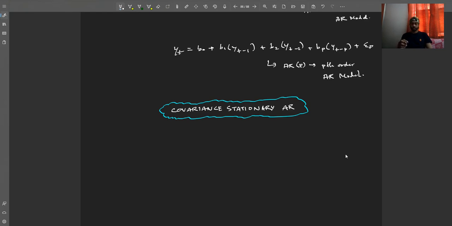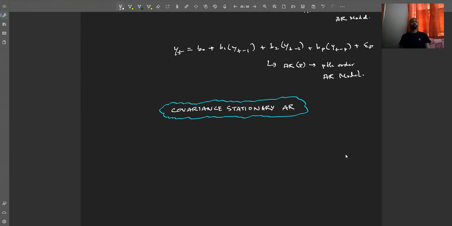Now friends, for an autoregression model to be valid, it has to be covariance stationary. Now what do we mean by covariance stationary? Basically, if 3 conditions are fulfilled, the autoregressive model can be called covariance stationary. What are those 3 conditions?